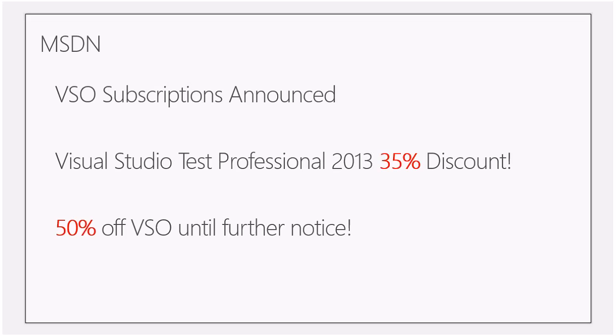So it's 50% off all the subscription plans and the minutes and everything in Visual Studio Online until further notice. We're running a Test Professional 35% off discount that runs until the end of June. And like I mentioned earlier, we've got those 3 new subscriptions available for Visual Studio Online. We've got Basic, Professional and Advanced. So they cover varying degrees of feature access within Visual Studio Online.